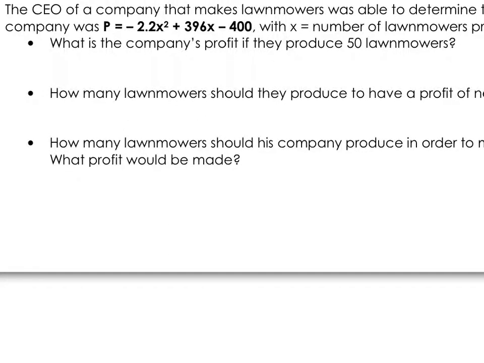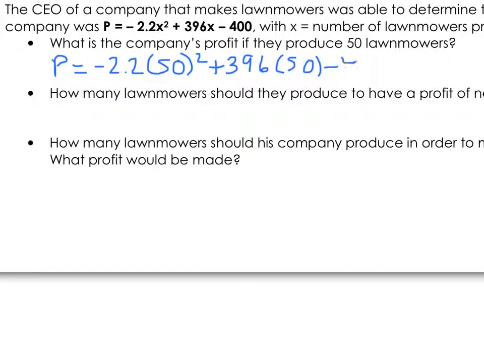So if x is 50, we want to know what the profit is. It'll be negative 2.2 times 50 squared plus 396 times 50 minus 400.